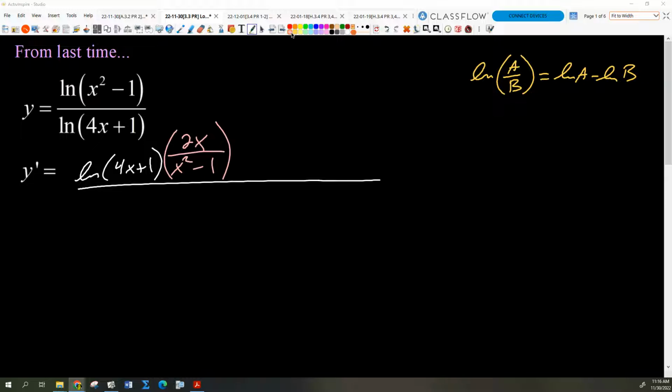Everybody good with that? So there's low d high minus high d low. What's d low going to be?